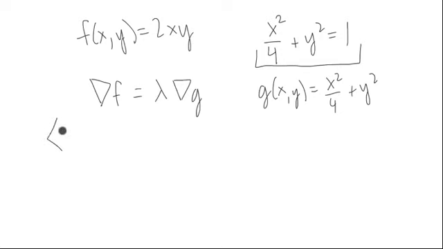Doing so, we end up getting (2y, 2x): the derivative with respect to x is just 2y, and the derivative with respect to y is just 2x, considering the others as constant. And over here, the derivative with respect to x would be just x over 2, because it's 2x over 4, and then we have 2y.